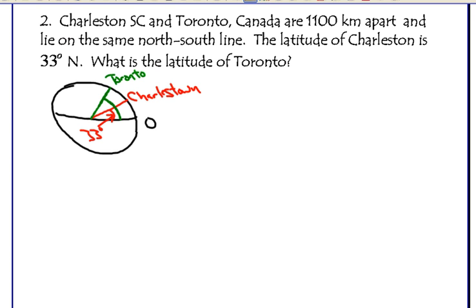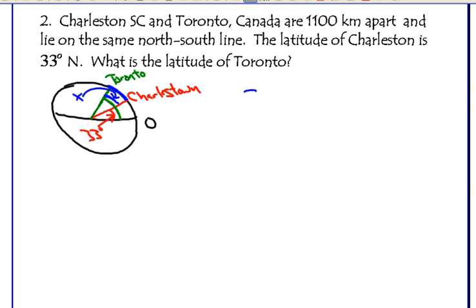Actually, let me draw that a little better. Let's call the little angle in between those two X. So that's the angle in between the two cities, which is the one we'll need. Because Toronto and Charleston on the surface of the Earth, we're looking for the arc length. All right, let's begin this.